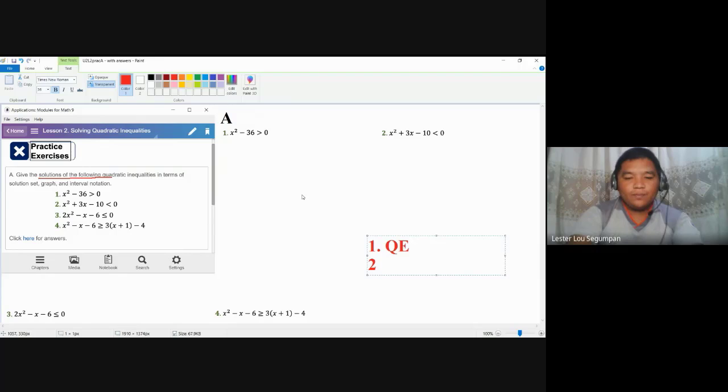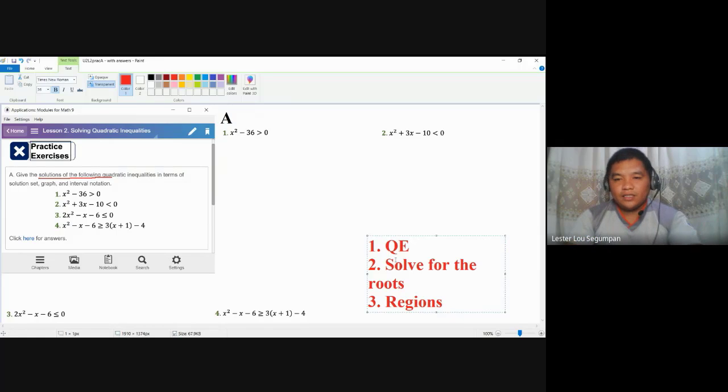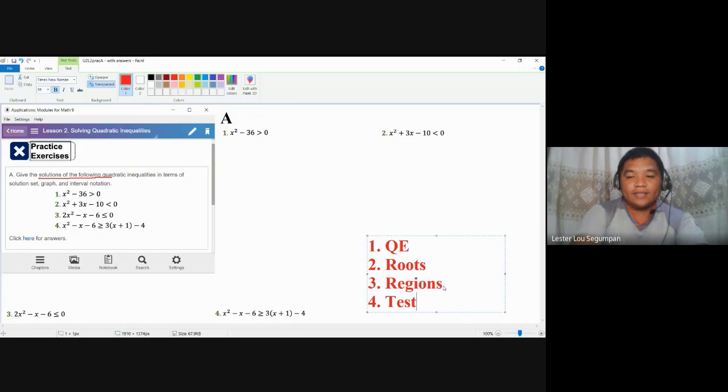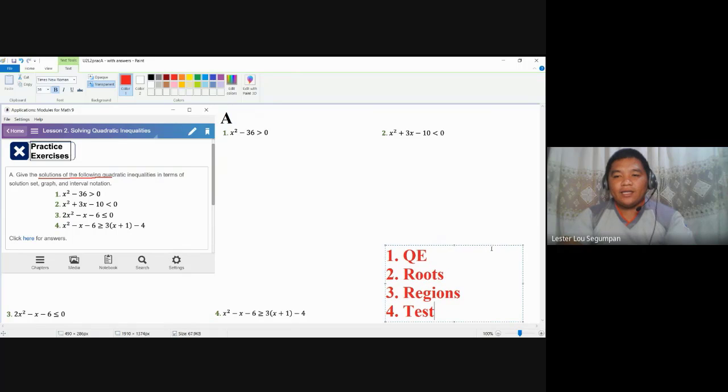Number two, solve for roots of the equivalent quadratic equation. Number three, determine the regions. Let's just use one word here: roots, regions. Number four, test. Test each region whether they will satisfy the given inequality or not.